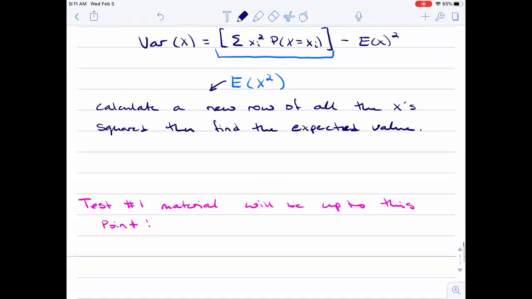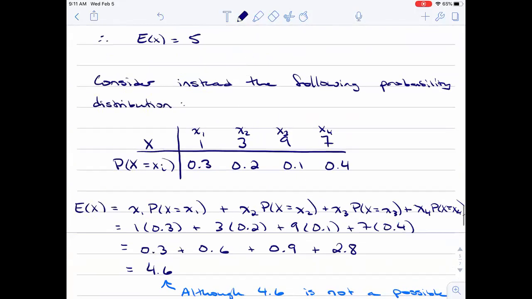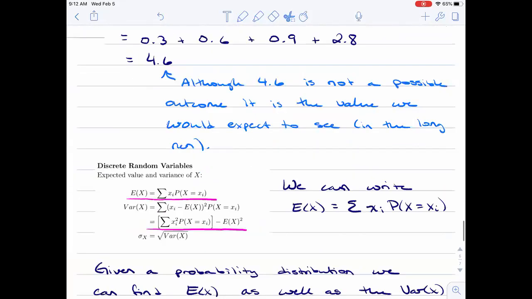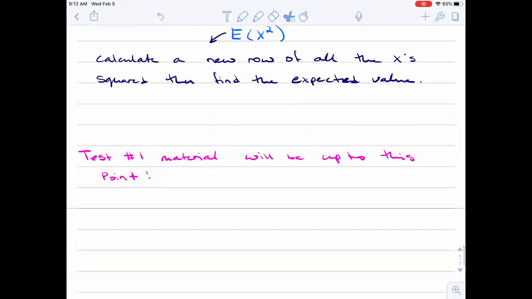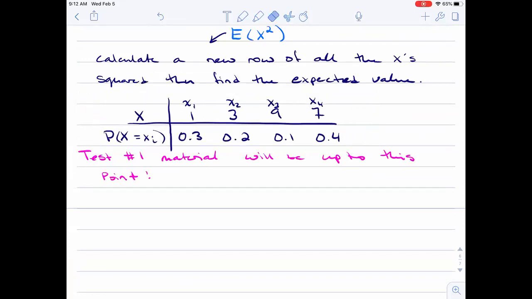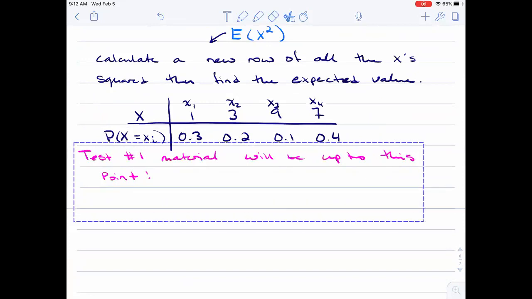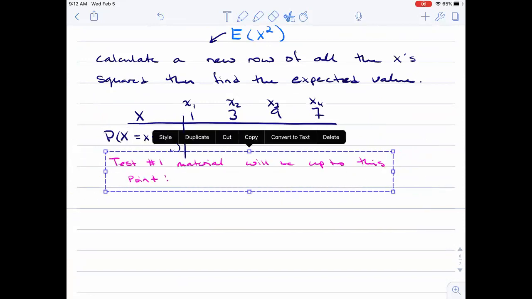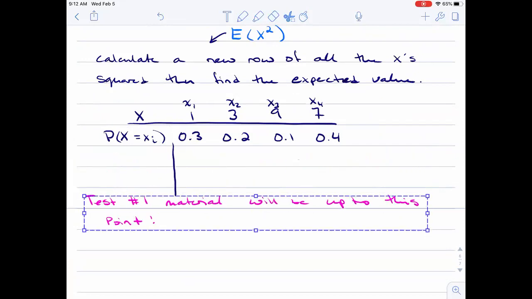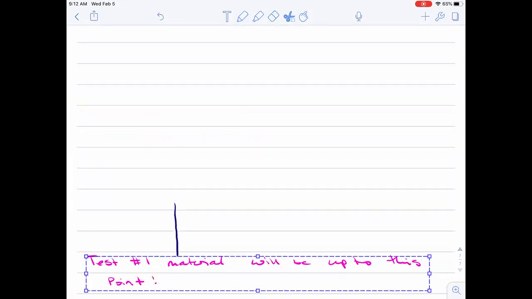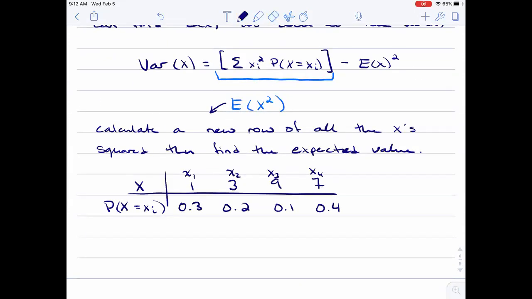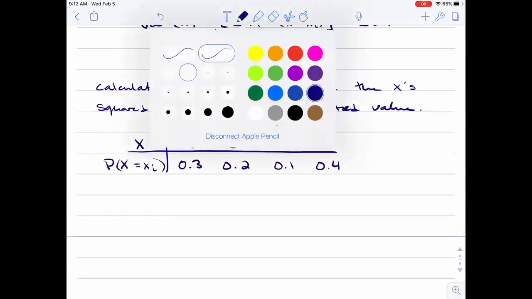So for example, if I want to find the variance of these guys, copy. What am I going to do?